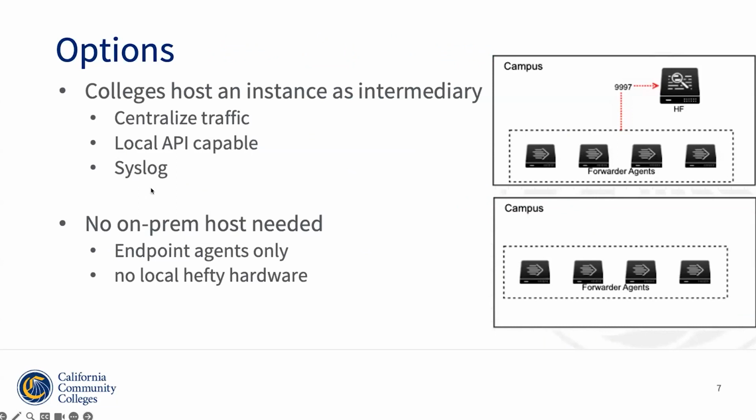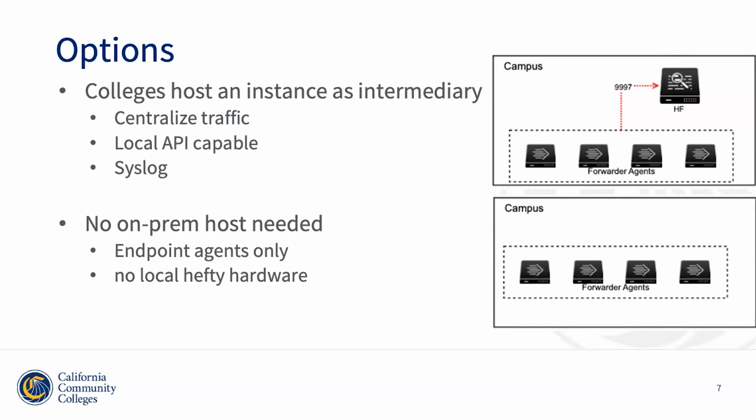we have our top option, which leverages what we call a heavy forwarder, which is a Splunk environment that we use to isolate data going to our backend systems. What that means is installing the agents on all of your endpoints.